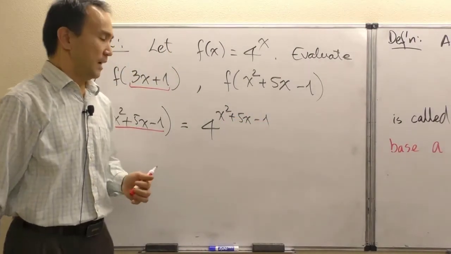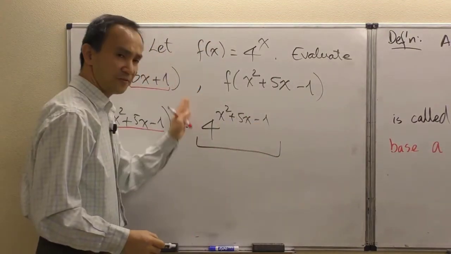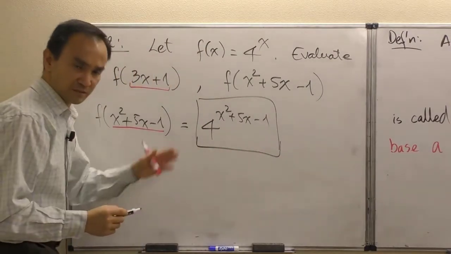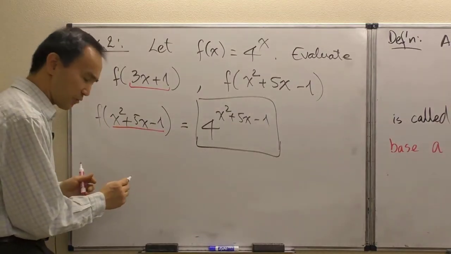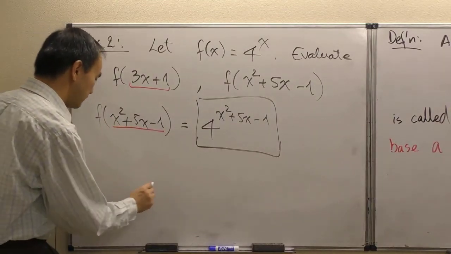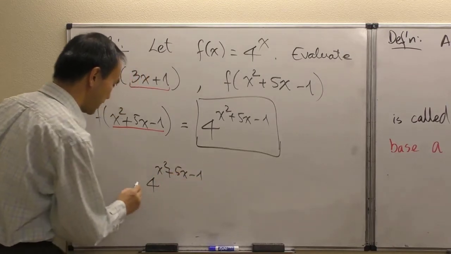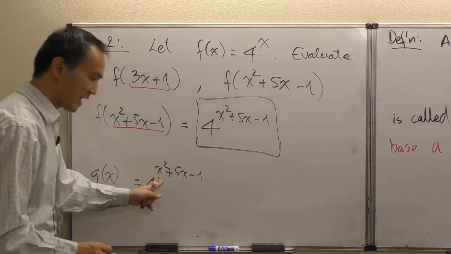And so this function right here, this final expression, is the final answer to the task that we're doing. But in the end, 4 to the x squared plus 5x minus 1, we can also regard as a function g of x, some function depending on the x input.